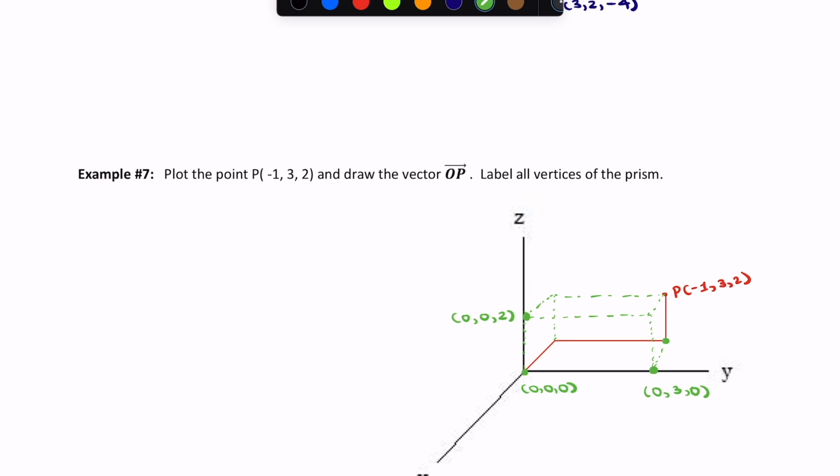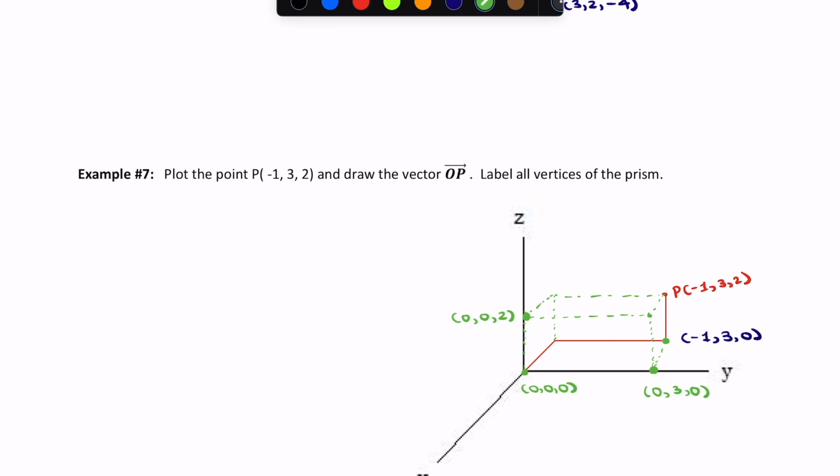Here, if we look at this point, it moves 1 unit negative on the x, moves 3 units on the y, but doesn't move on the z. So this would be -1, 3, and 0.